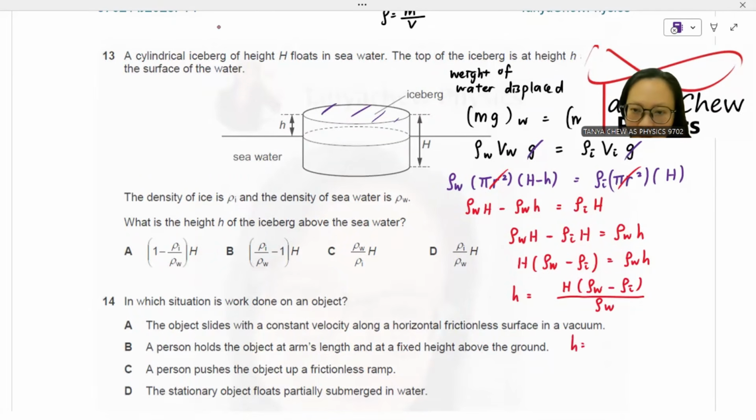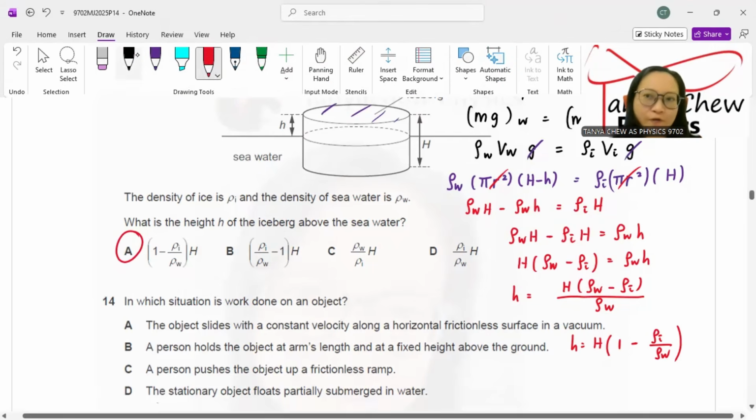So that is why h is H times density of the water divided by density of the water, that is 1 minus density of the ice divided by density of the water. Right, so h is equal to capital H, 1 minus density of ice divided by density of the water. A is the answer.